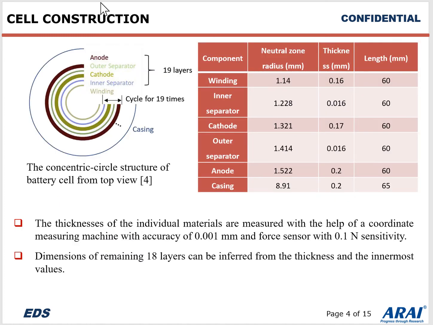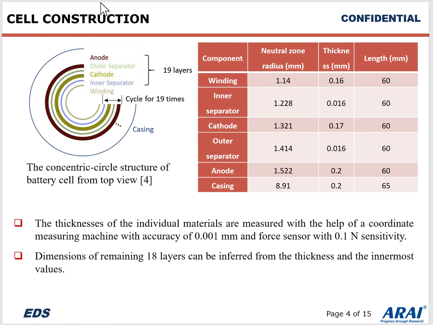Here we try to capture the geometric properties of different parts of the cell, and the same will be used for FE modeling. We can see that there are 19 concentric layers of anode, cathode, and separator, and all these layers are wound up in a metallic casing.